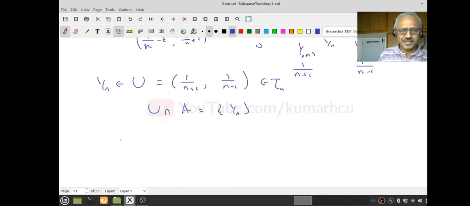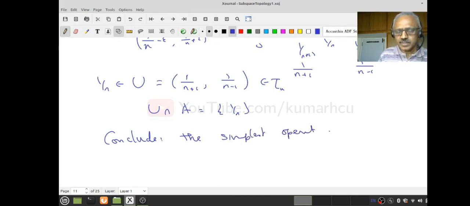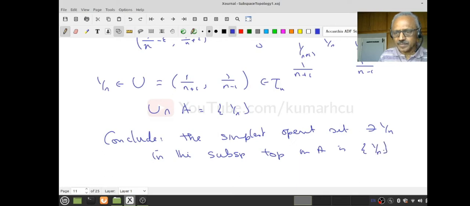Therefore what do you conclude? The simplest open set containing 1 by n in the subspace topology on A is the singleton 1 by n.